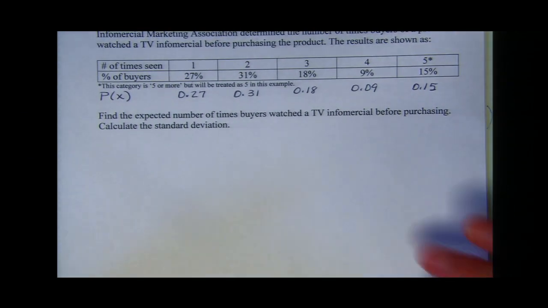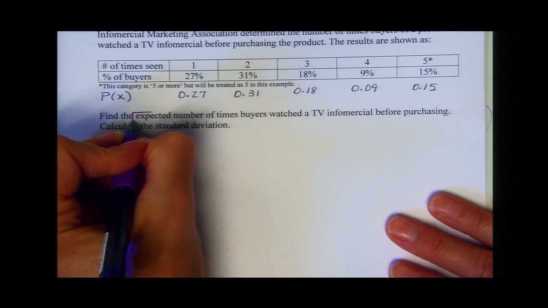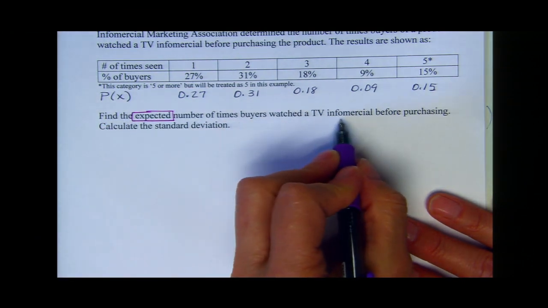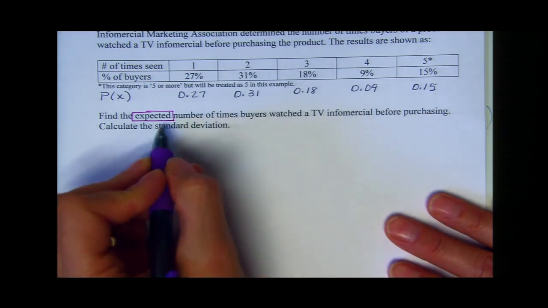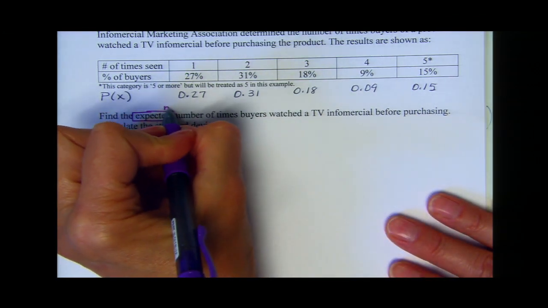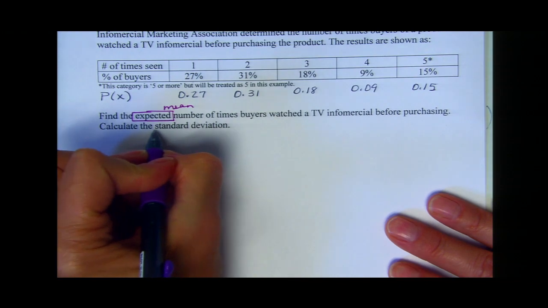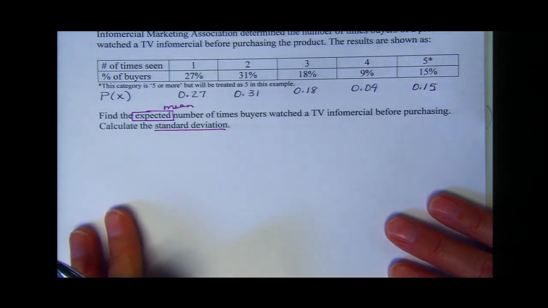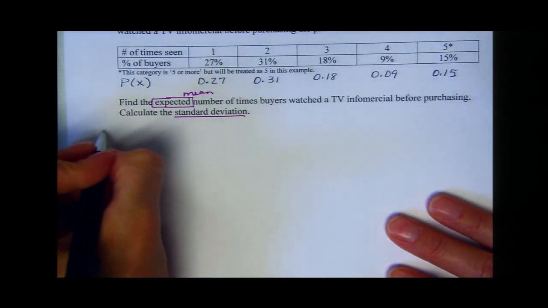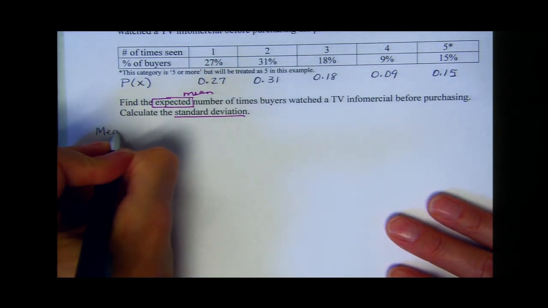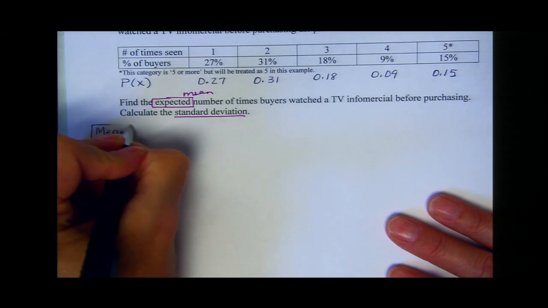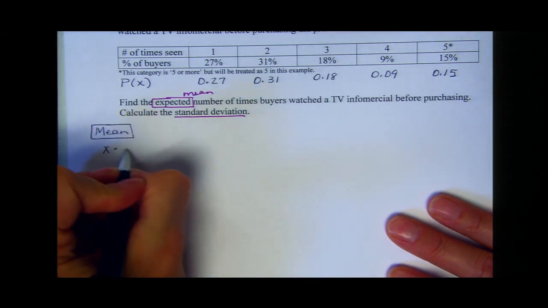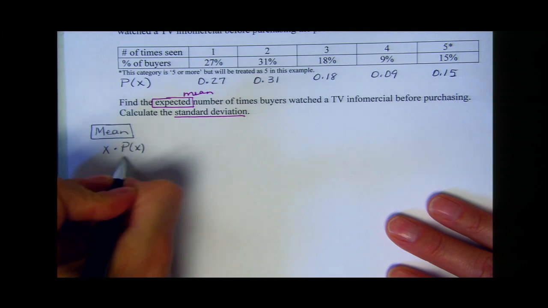So then it says find the expected number of times buyers watched a TV infomercial before purchasing. An expected number tells me I'm going to find the mean, and then it also wants me to find the standard deviation. So the first thing that we're going to do is find the mean. So what we need to do first is take x times p of x.